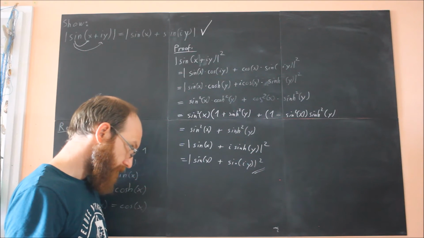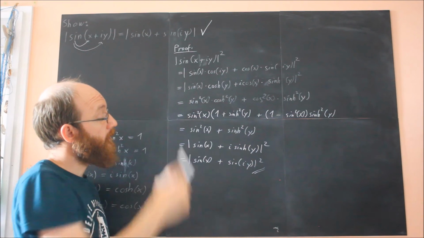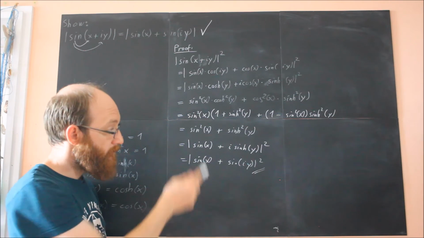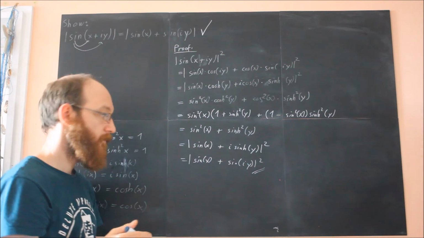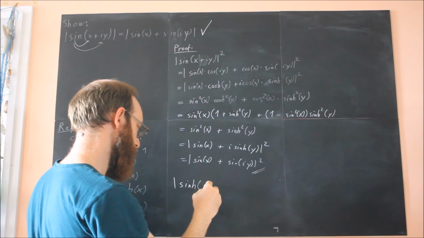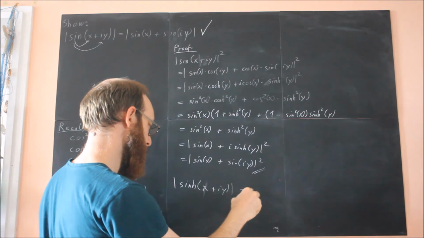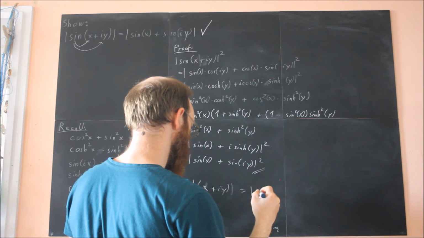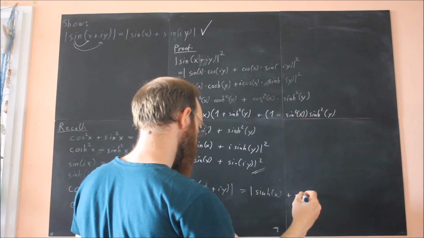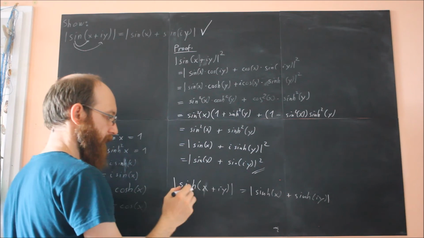So in the next step, we can think about something similar for the hyperbolic sine. And you can play around with that and you will see that this works also with the hyperbolic sine. So we get the magnitude of hyperbolic sine of x plus iy is the same idea, distributing the hyperbolic sine here.